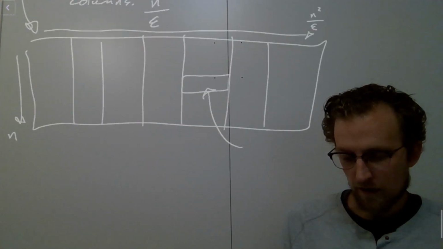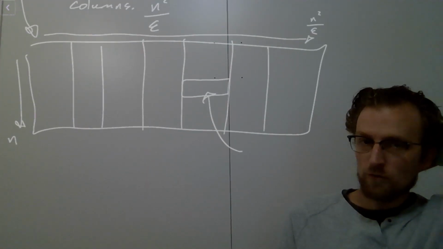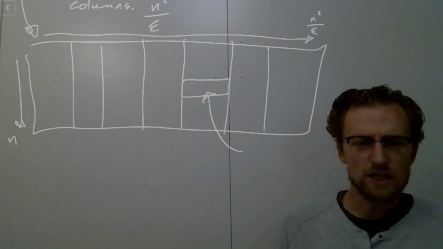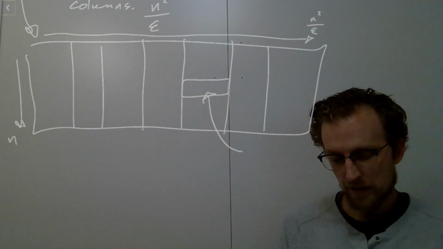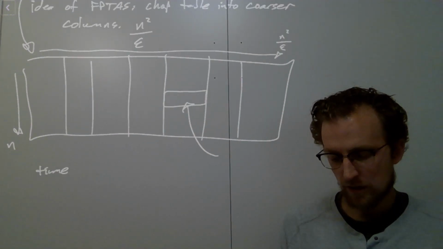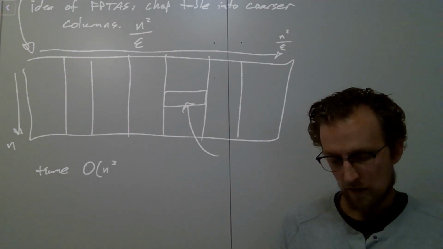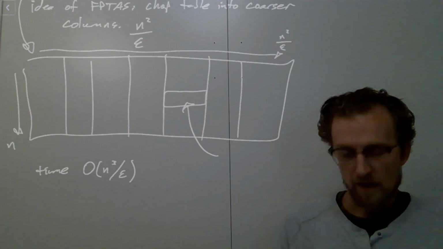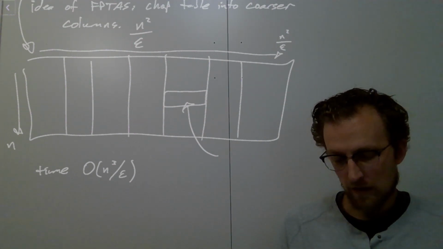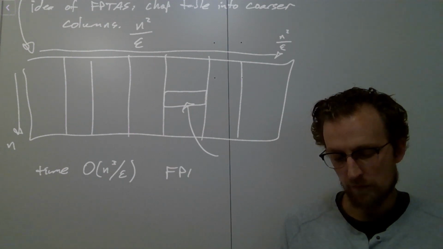If you're interested, contact me and I can give you resources to dig into this more deeply. But this is the gist of the concept. And so you solve this like before, and now this table can be searched in time big O of n cubed divided by epsilon. And this is cubic in n, and it's linear in 1 over epsilon, so it is a fully polynomial time approximation scheme.